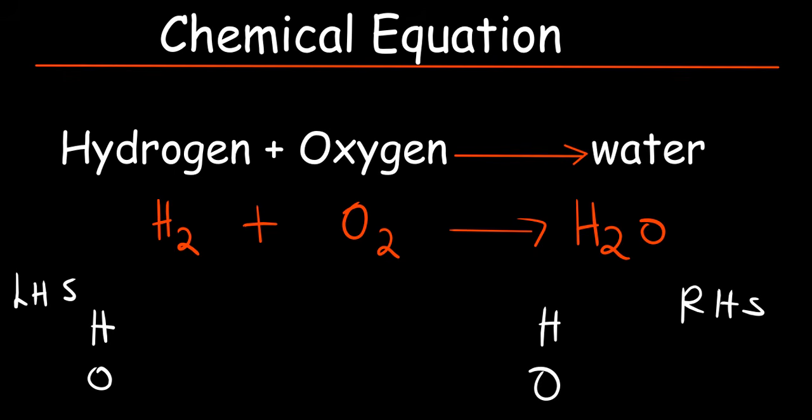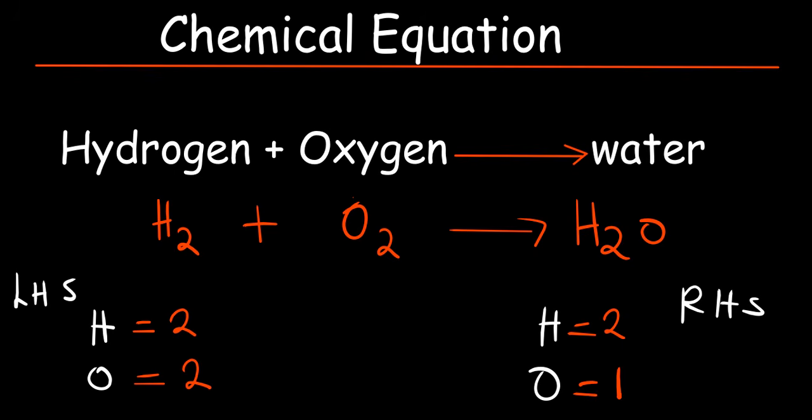Let's start with the left. Currently we have 2 hydrogens and 2 oxygens. On the right hand side, we have 2 hydrogens, and we only have 1 oxygen there. Because we've got 1 here, we are going to put a 2 in front here.